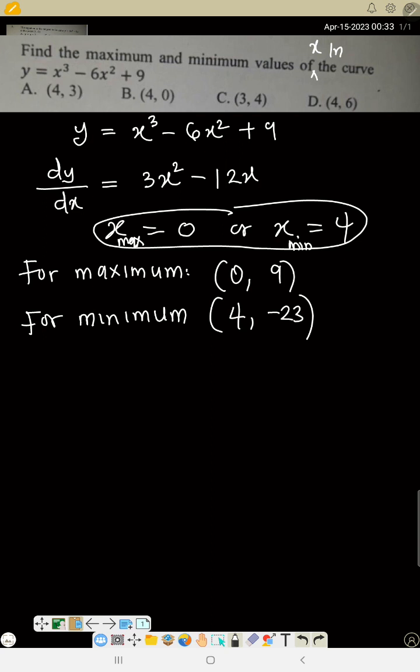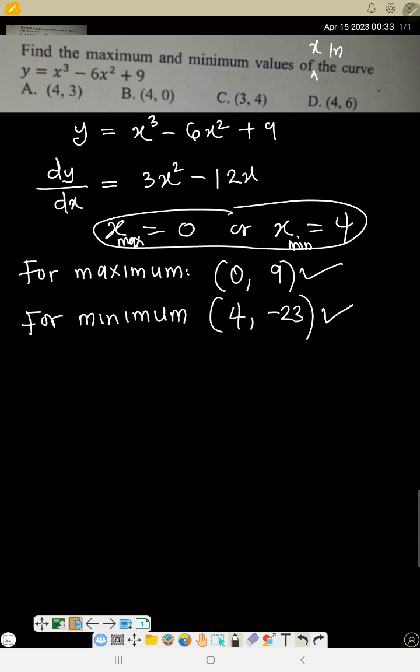if the options are S and S, then we can go for B, because you have minimum, S is minimum at 4, maximum at 0, like that. But if the answer is in terms of S and Y, it should be either this or this, but none of this is there.